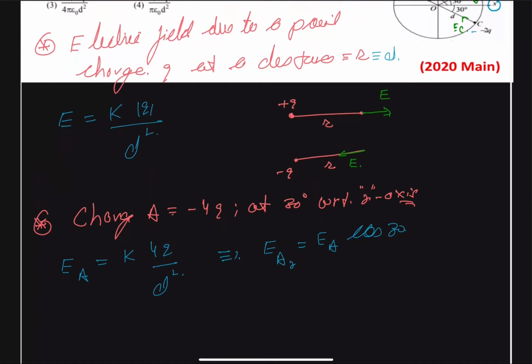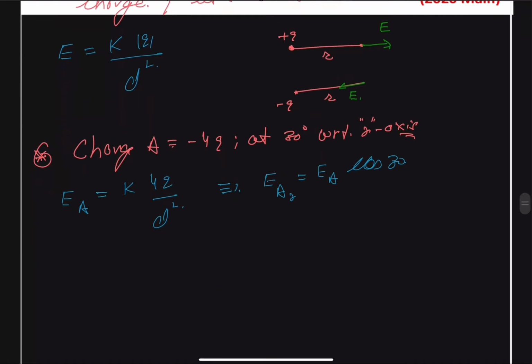So EAX is 4q upon d square times cos of 30, that is square root of 3 divided by 2, and this 2 goes into 4, so we get this will be equal to 2 root 3 kq upon d square.